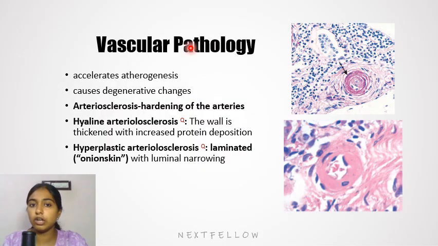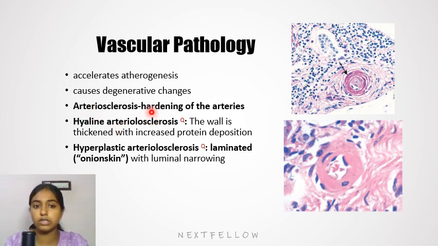The main vascular pathology behind hypertension is that it accelerates atherogenesis. Atherogenesis is nothing but increased fat deposition in the blood vessels, causing many degenerative changes in the blood vessels. Another most important pathology we can see in the blood vessels associated with hypertension is arteriosclerosis, which is nothing but hardening of the arteries.